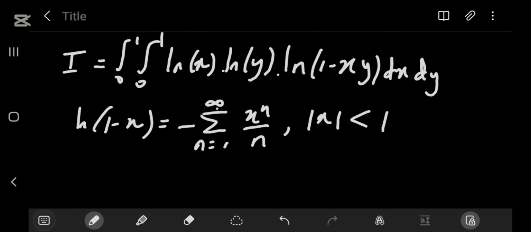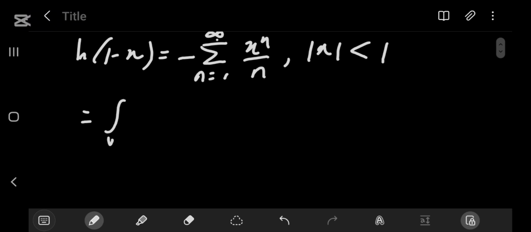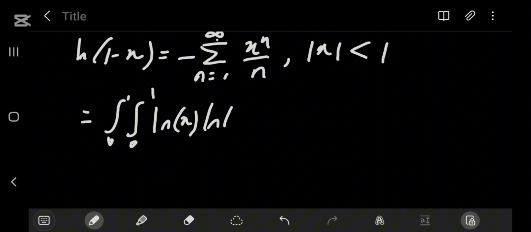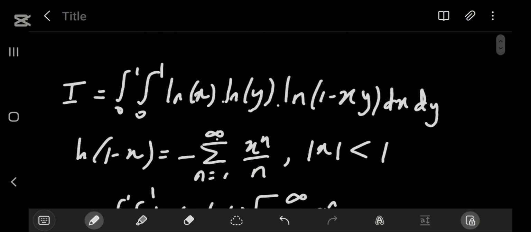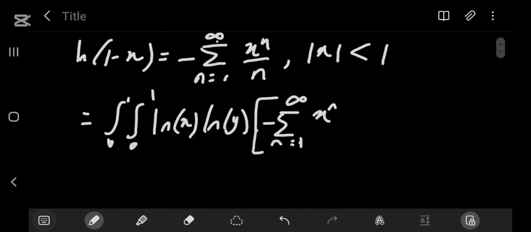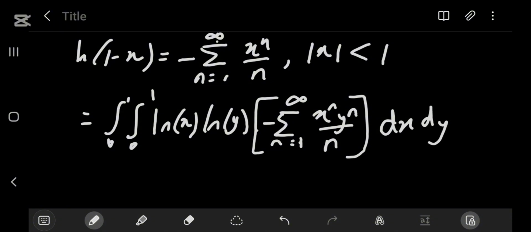So when we apply this to the above equation, we get the integral from 0 to 1, 0 to 1, of ln x, ln y. These things don't change, so we can put parentheses, minus the sum from n equals 1 to infinity. Because we have xy there, we put x to the power n, y to the power n over n, and dx dy.